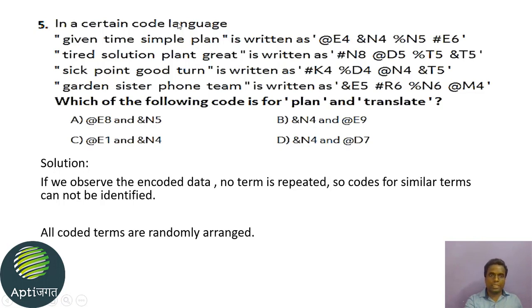No. Are they the last letters, N, E, E, N? Yes, they are the last letters. So we got one clue: the letter in the code words is the last letter of the word.